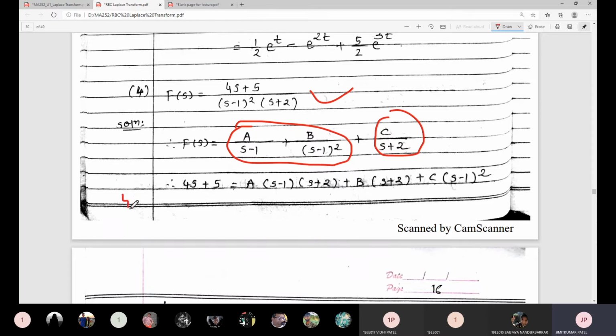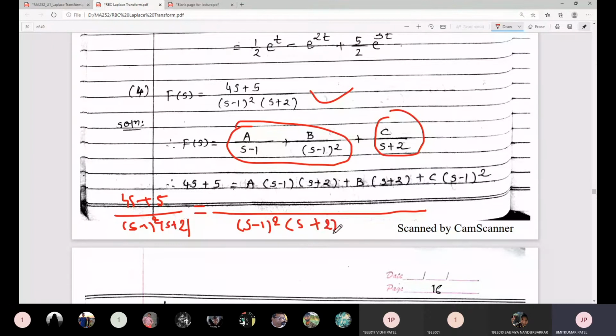On the left-hand side we have (4s + 5) divided by (s - 1)² into (s + 2). Equal to, if you take the LCM, the denominator is (s - 1)² because the maximum power is 2, and (s + 2).